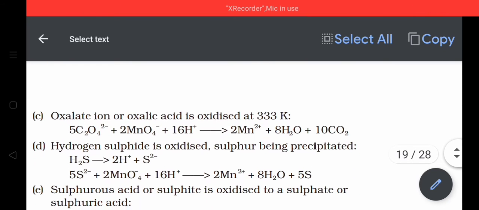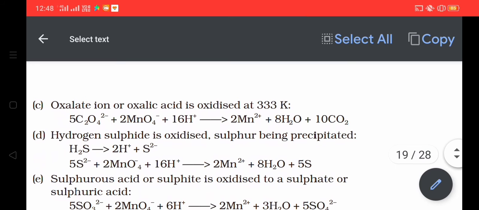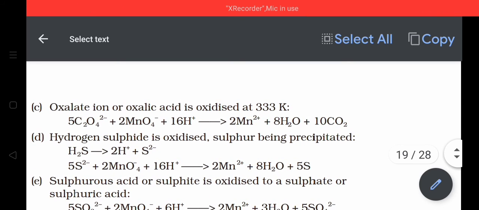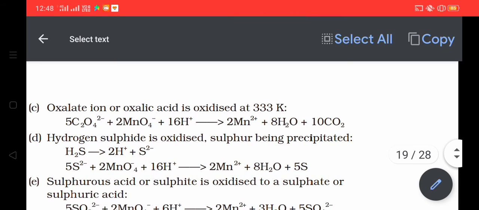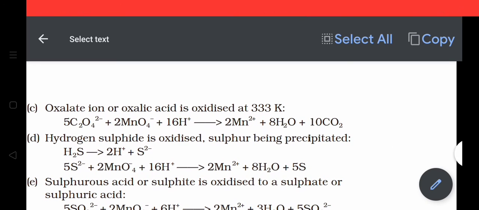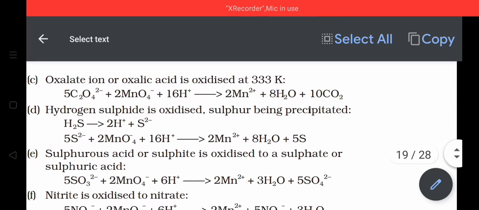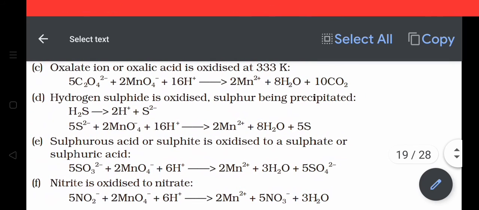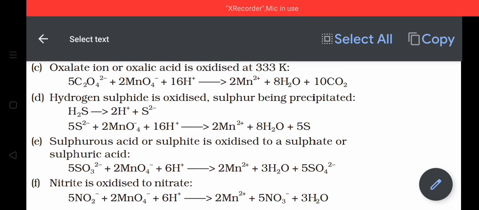Similarly, you can see the oxalate ions, they are converted into carbon dioxide. MnO4 negative, that is permanganate ions, are changed into manganese 2 positive ions, and oxygen again changed to water. Similarly, sulfide ions are converted into sulfur.